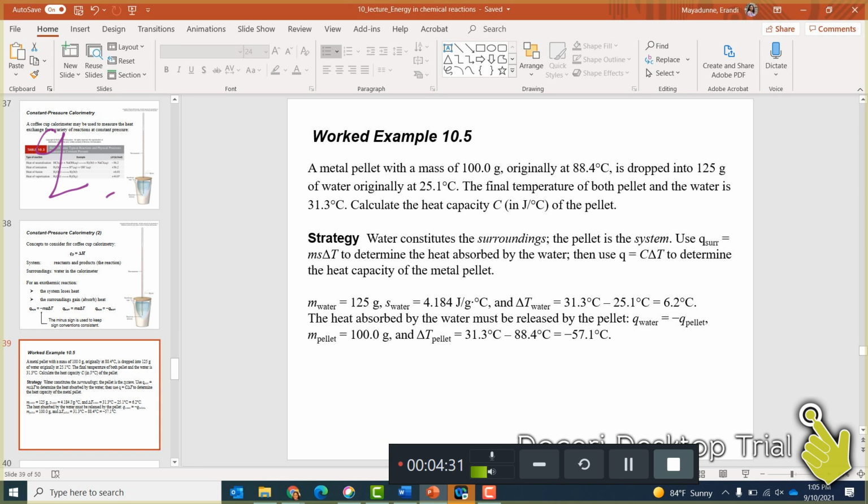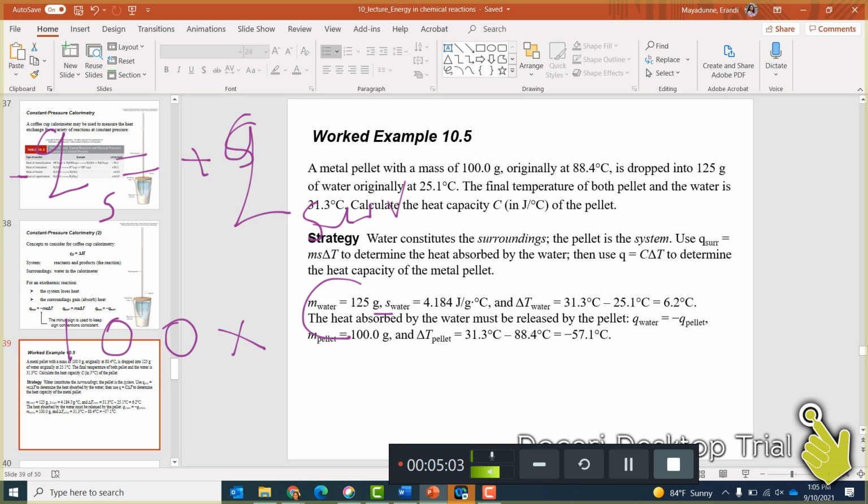Negative Q system equals positive Q surrounding. Our system is the metal pellet, so I'm writing the temperature change. It is going to be the mass of the metal pellet, which is 100, and then C, which I don't know.